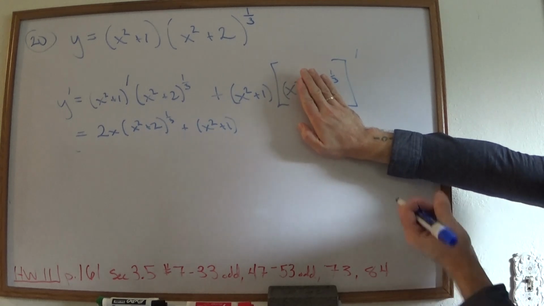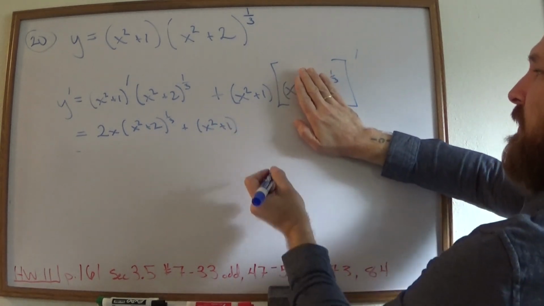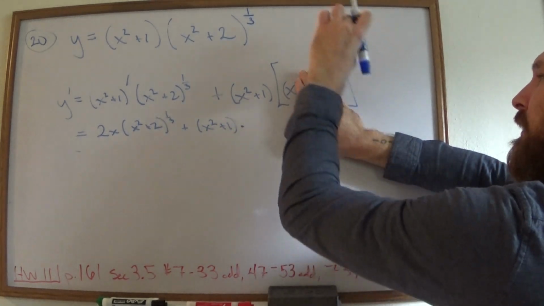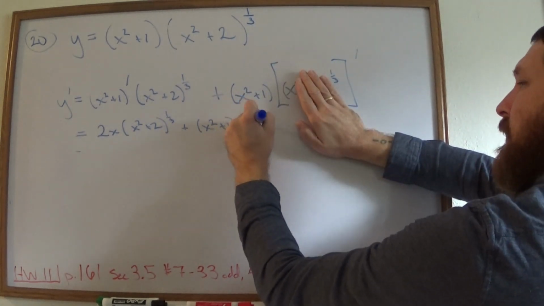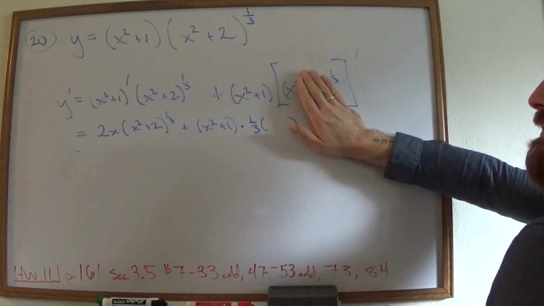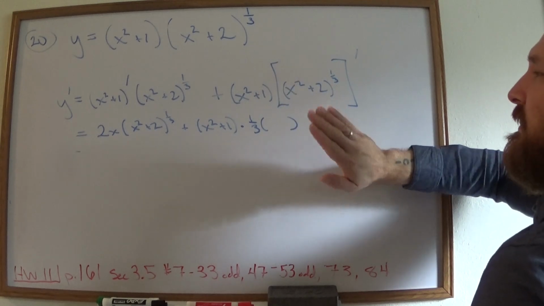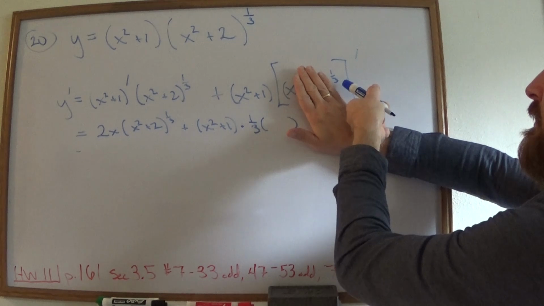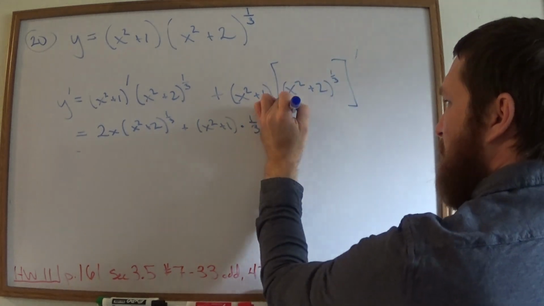Take the derivative of the outside stuff and what do I get? 1/3 times whatever that stuff is. I'm not even looking at it. I don't even compute what's in there until later. And then what does the power go to? Minus 2/3. Did you follow that, Victor?